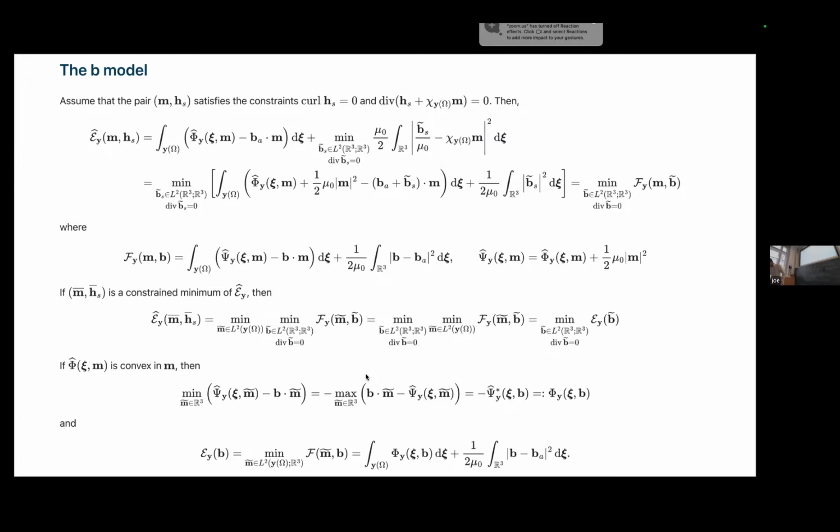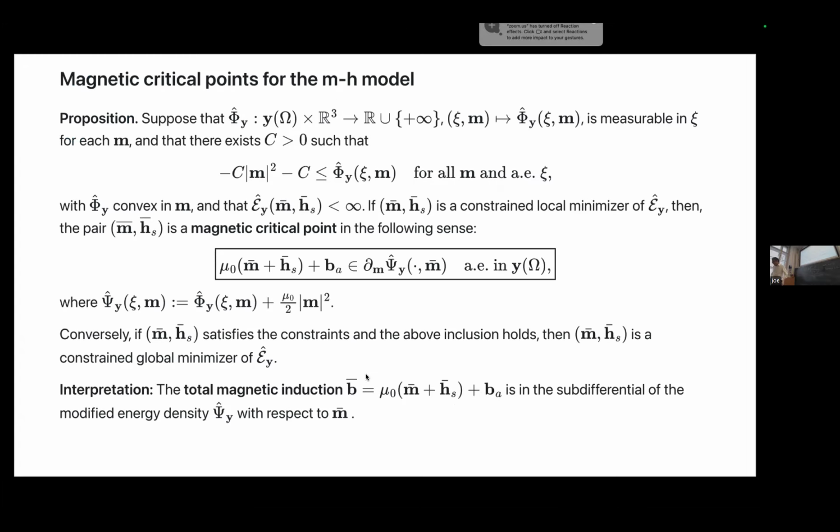Okay, so in order to do this, I need to introduce the notion of magnetic critical point. So essentially, this is the Euler-Lagrange equation of the energy in the m-based formulation.